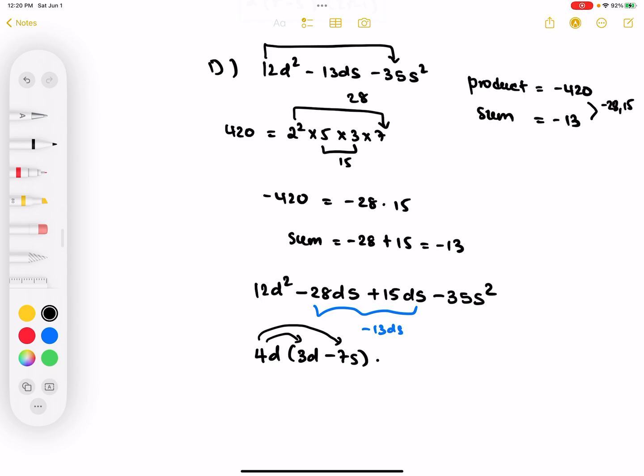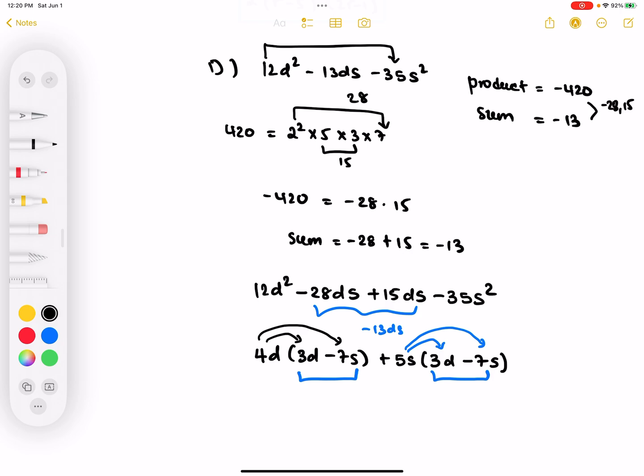Then for the second one, I can factor out 5s, and inside it is 3d, and this one must be 7, so it is minus 7s. To check, 5s times 3d is 15ds, and 5 times 7 is minus 35s squared. That's good. Now look at this one, it is common now, you see.